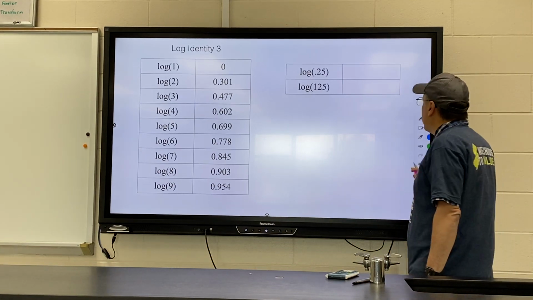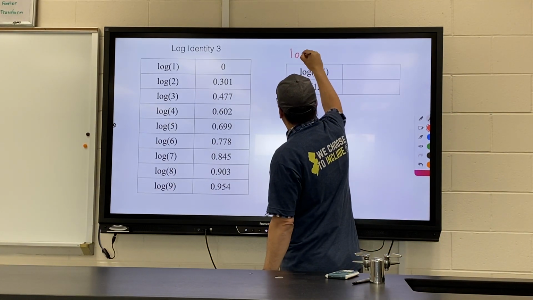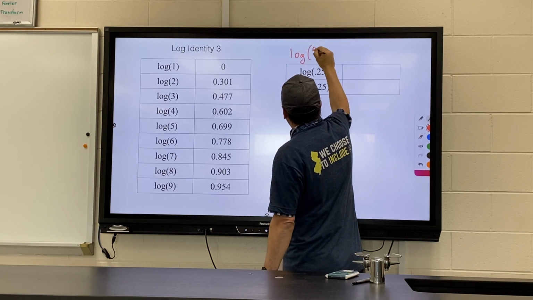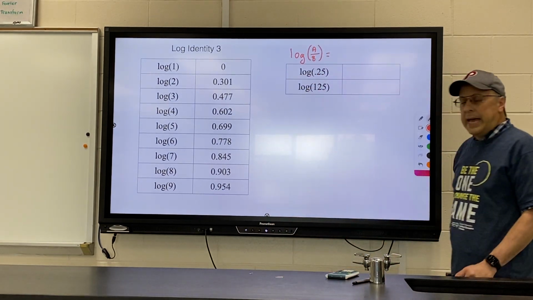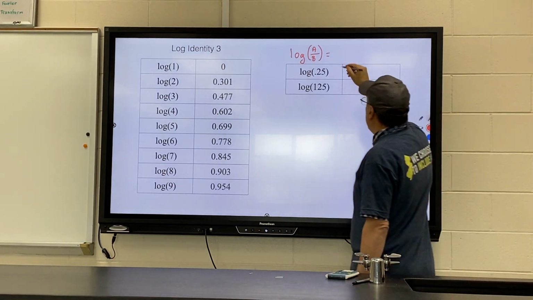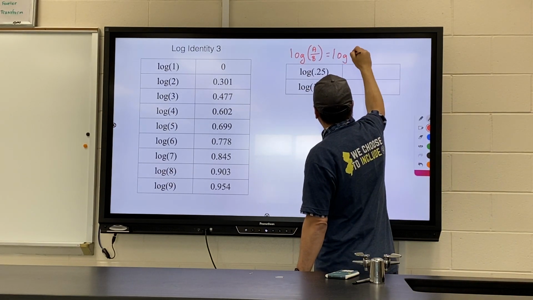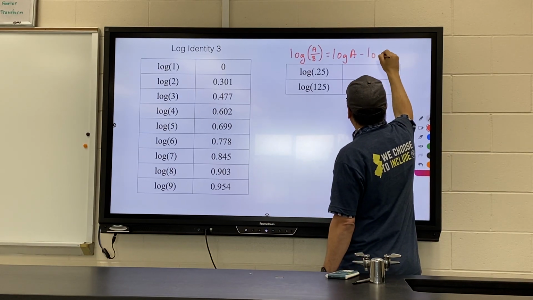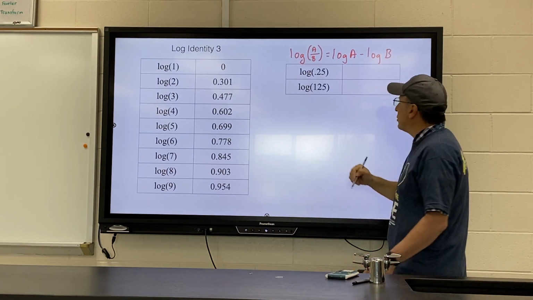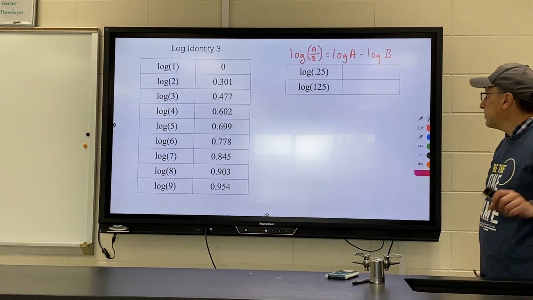The third and final identity, I think you could guess at this point. It's when you have two numbers that are divided by each other, so a divided by b, and hopefully you can make the jump that with division, it's going to turn into a subtraction of logs.